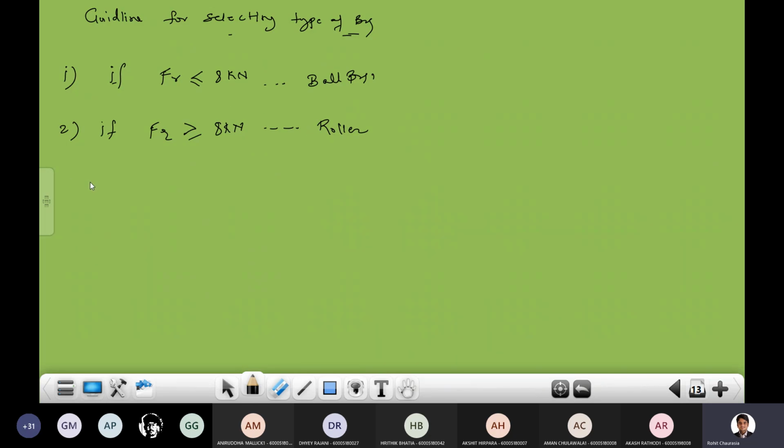This is just a simple guideline because when you are going to select the bearing, at that time we are getting lots of questions कि कौन सा bearing लेना है. So if you have some guidelines, accordingly you can select.